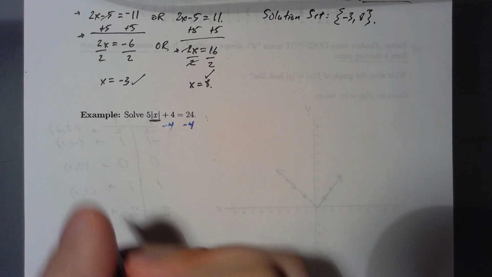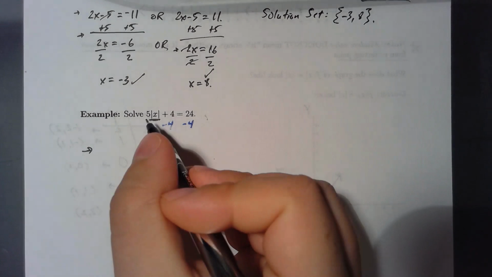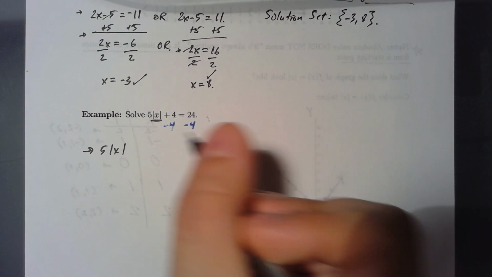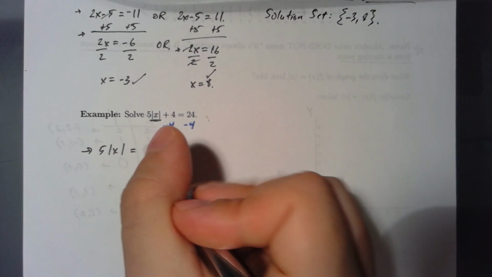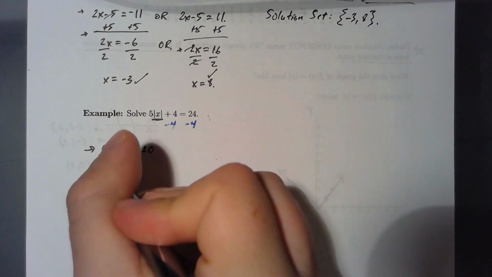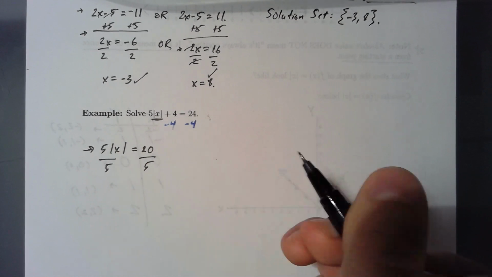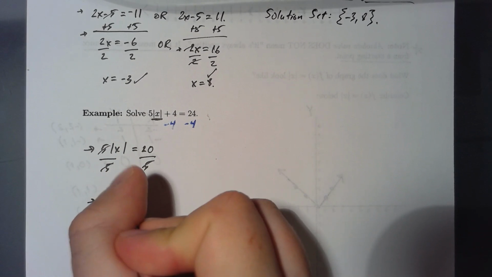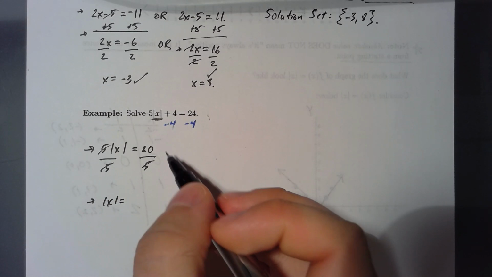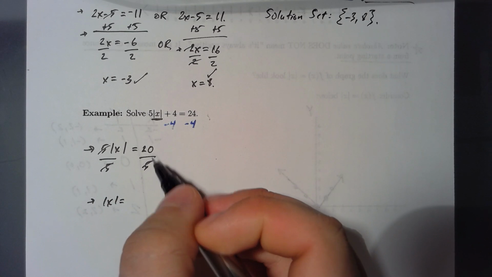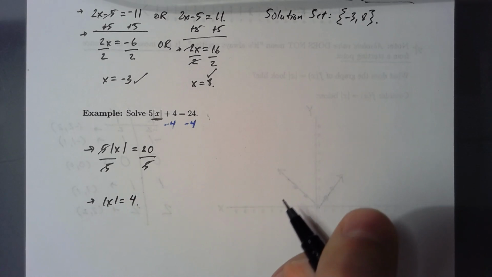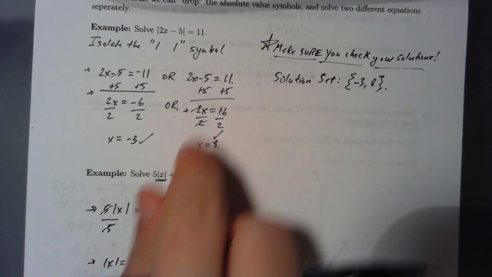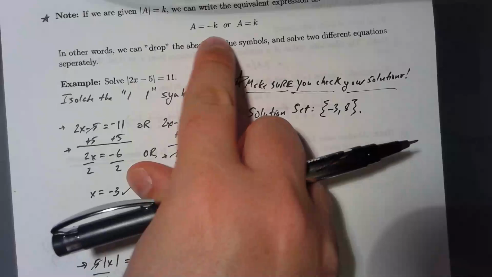So what will that give me? That'll give me 5 times the absolute value of x equals 24 minus 4, which is 20. And then divide by 5. So I have the absolute value of x equals 20 over 5, which is 4. Now that this is by itself, I can apply this rule.